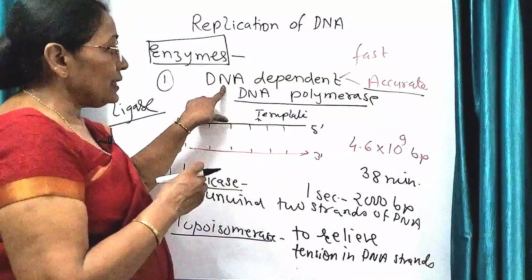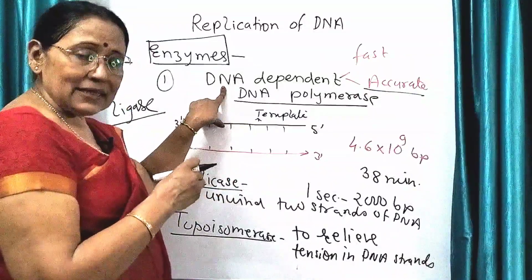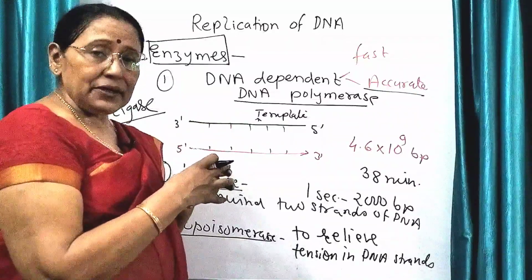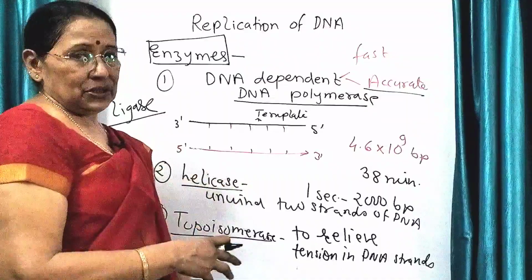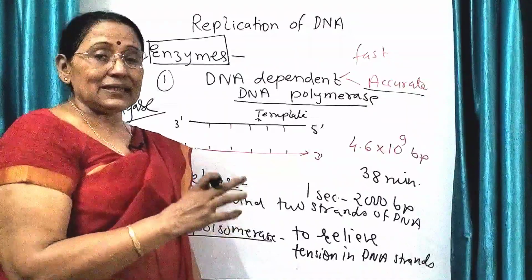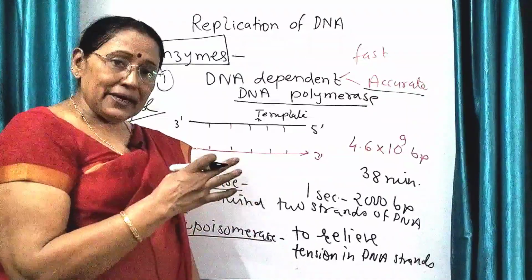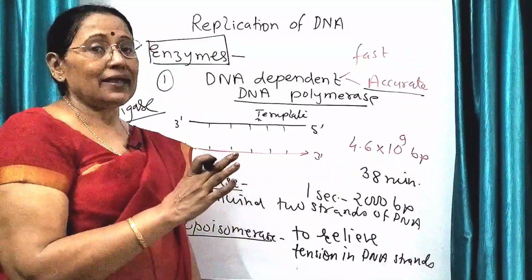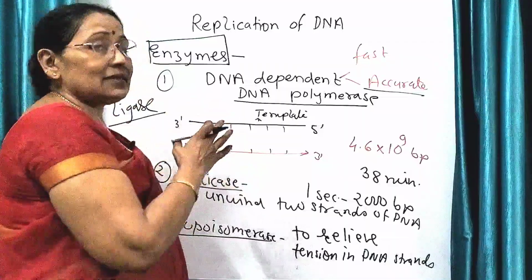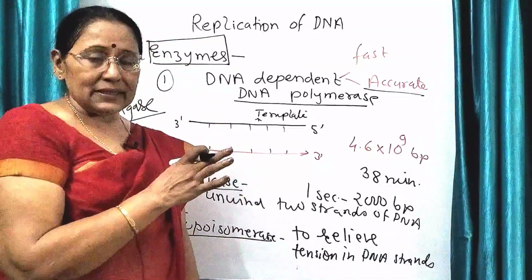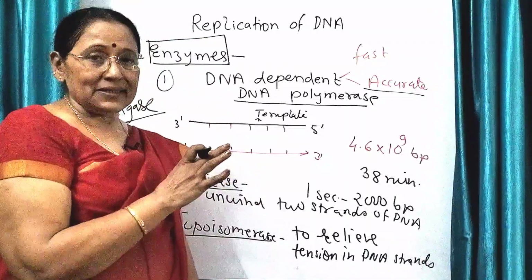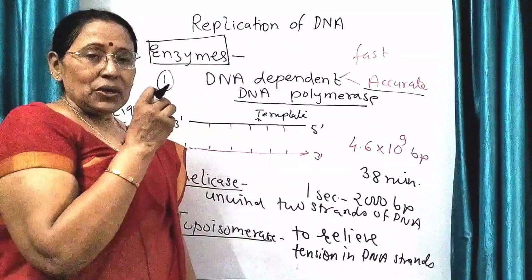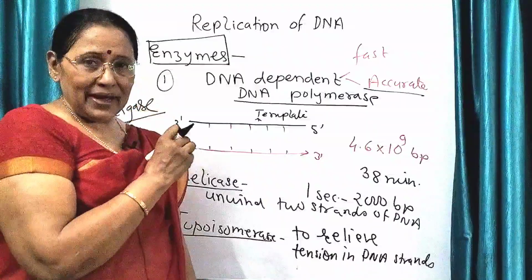This enzyme, DNA dependent DNA polymerase, is polymerizing the nucleotides. So the substrates are nucleotides, but it is not so. We will see what is the molecule and how it acts as substrate, and at the same time it provides energy too. This process is energetically very expensive. It needs a lot of energy, and every nucleotide takes care of its own energy requirement.